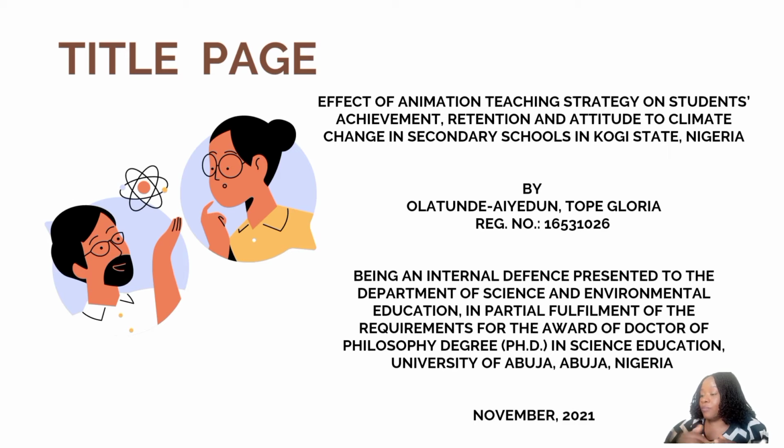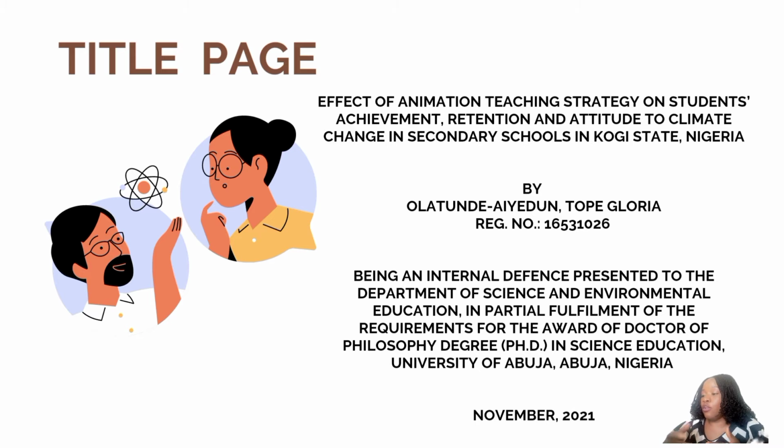For instance, in my example given here, after stating the topic of the research work, my name is there and my registration number, I went ahead to state what the academic research is for. So I now say it's an internal defense presented to the department.